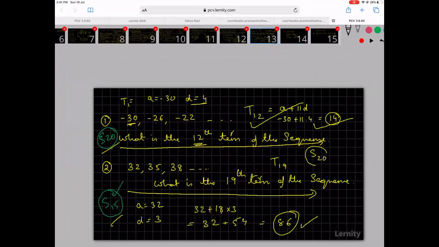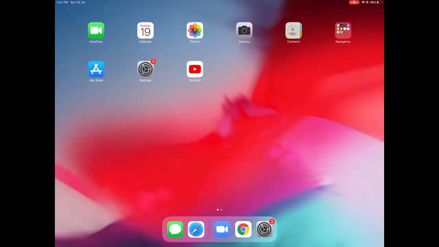S20 here, S15 here. If you have rectified, then we can move on.